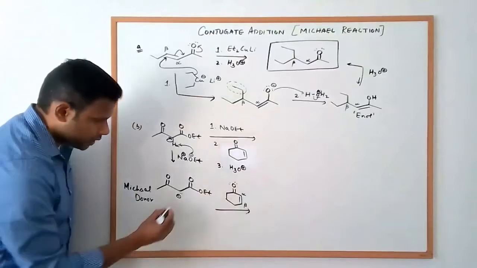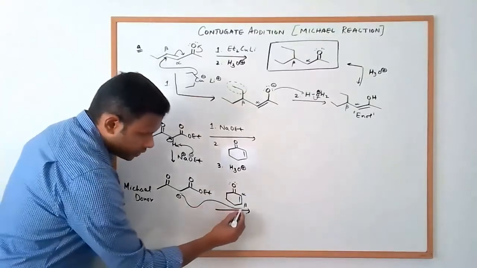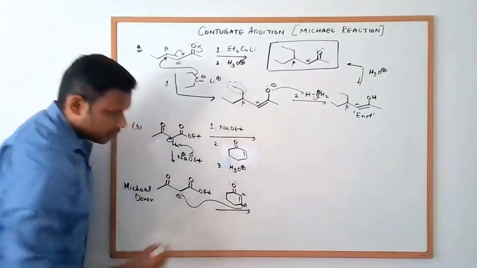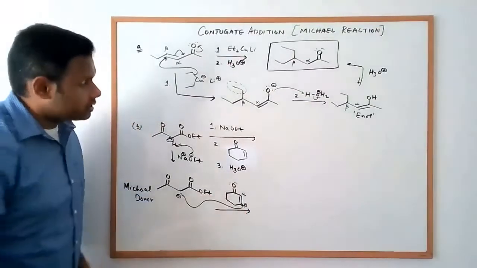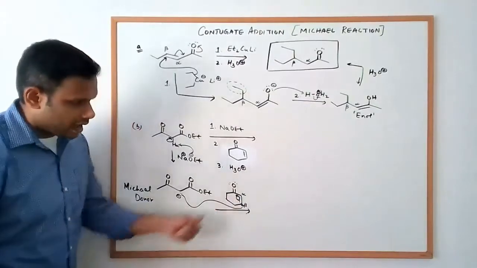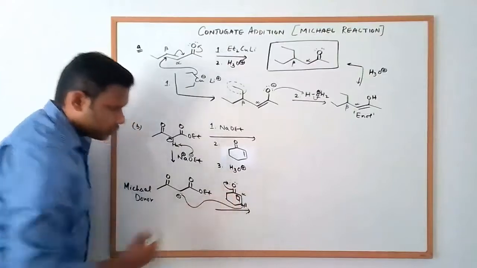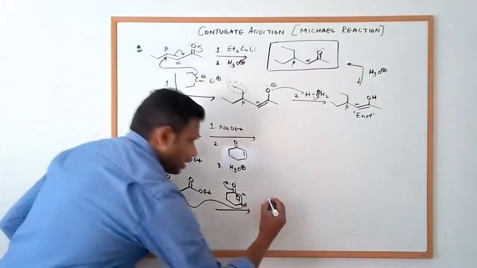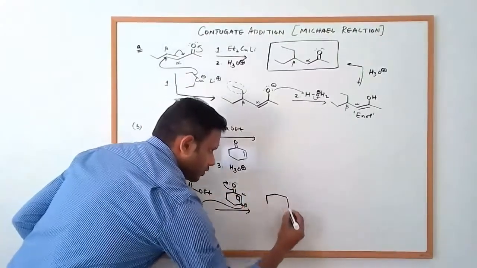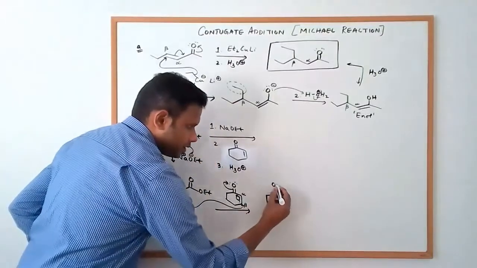So essentially what's going to happen is the nucleophile here is going to go and attack the beta carbon. And when it attacks the beta carbon, the double bond here moves to the space between alpha carbon and the carbonyl carbon, and the double bond opens up. And so the intermediate that we're going to get now will have a single bond here.